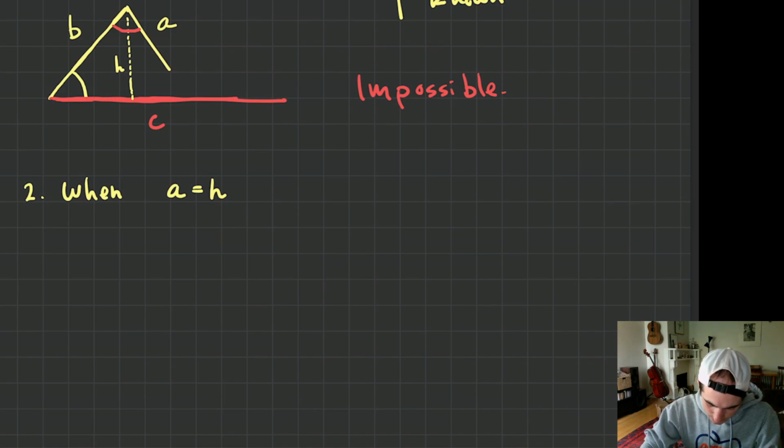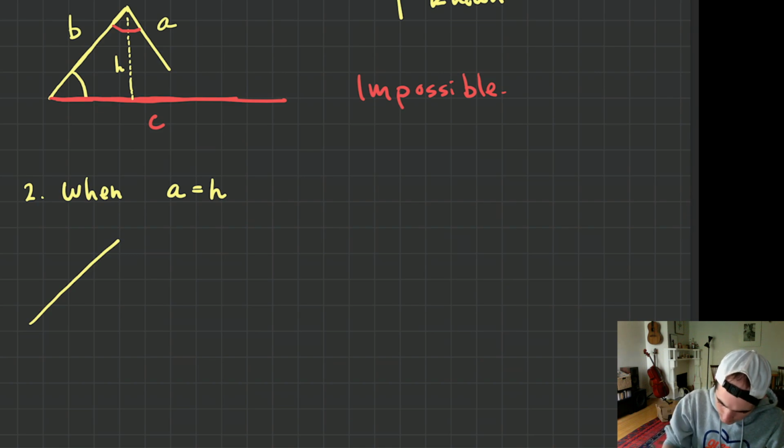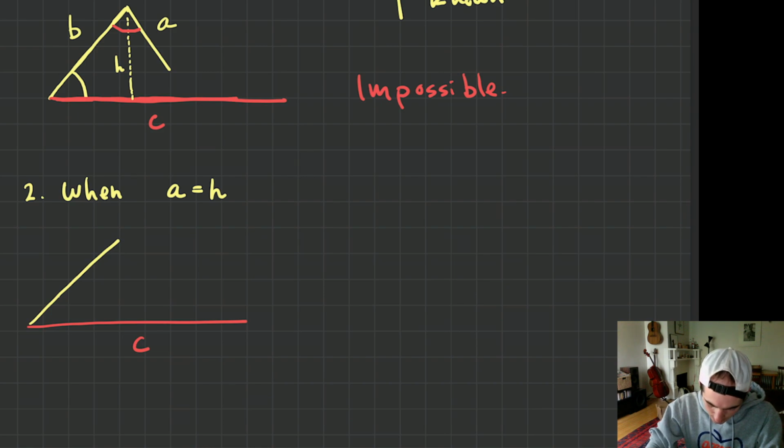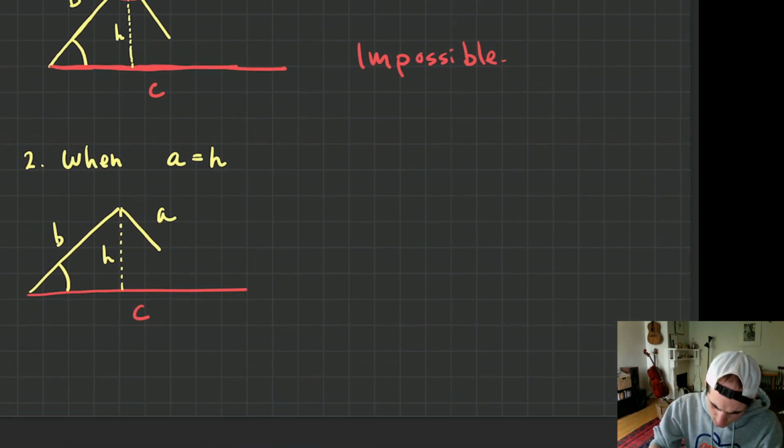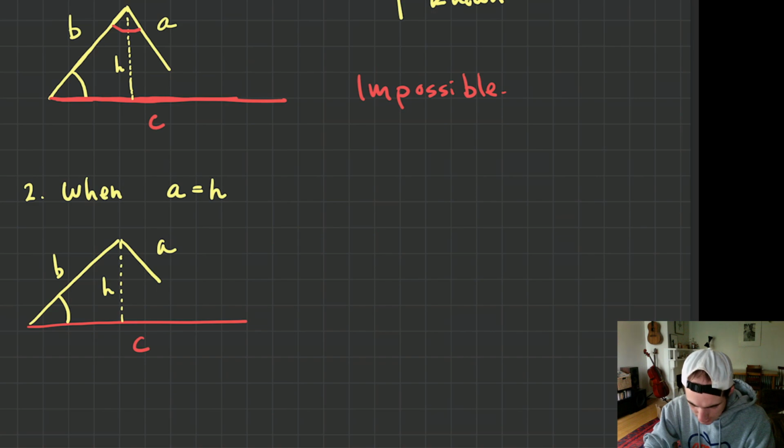well, let's see what this looks like. So here's my little template, and here's my little red line because I don't know what C is. I know this angle, this is the side B, this is the side A, here's my side H. So when A is equal to H, let's see if that's possible. I should make A actually as long as H, right?